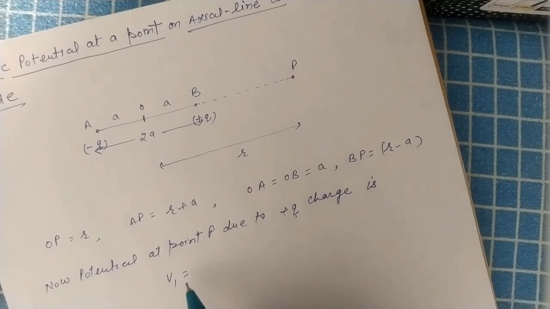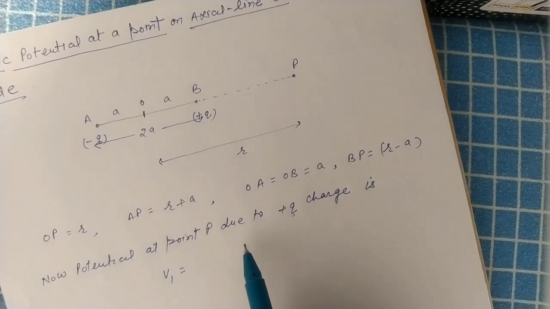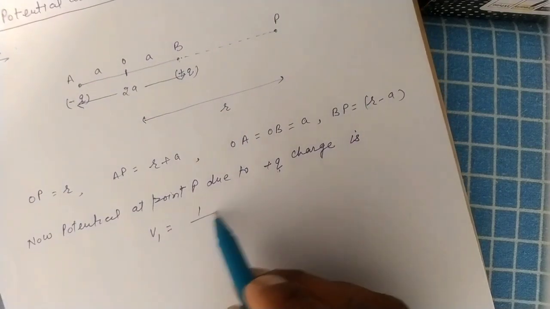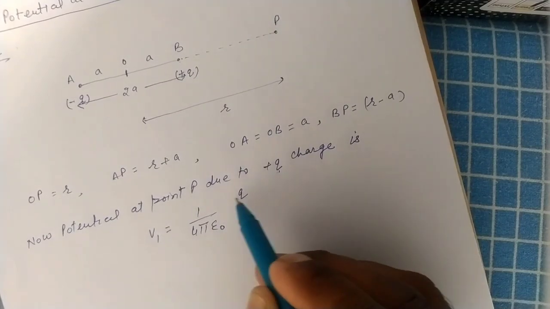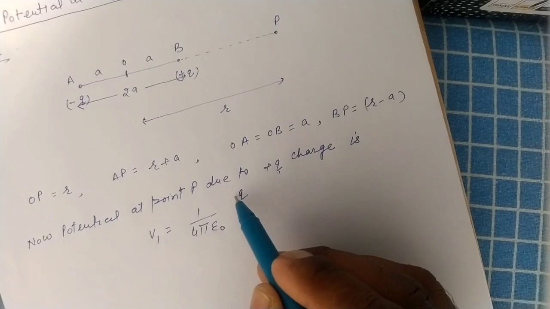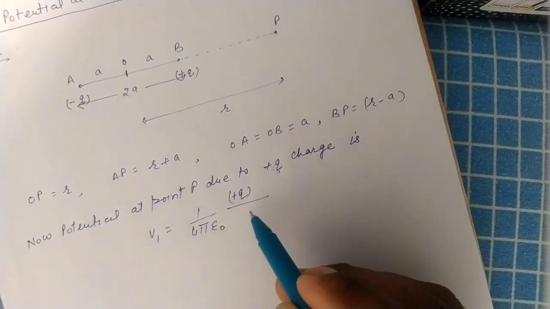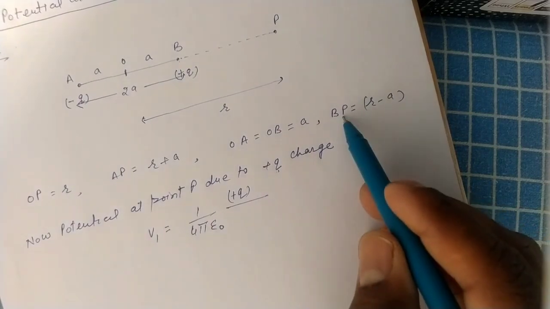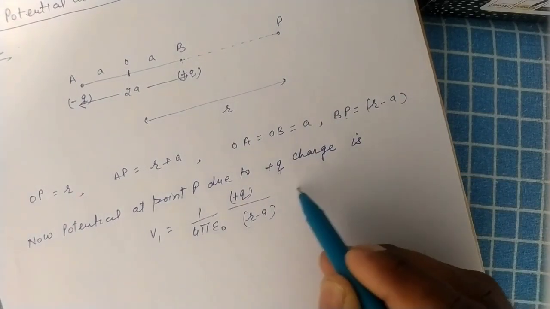We know that electric potential V is equal to 1 upon 4 pi epsilon naught Q upon R. Therefore, here V1 is equal to 1 upon 4 pi epsilon naught Q. B point के ऊपर प्लस चार्ज है, we can also write plus Q divided by distance between point B to P. B to P we can write R minus A. First equation.